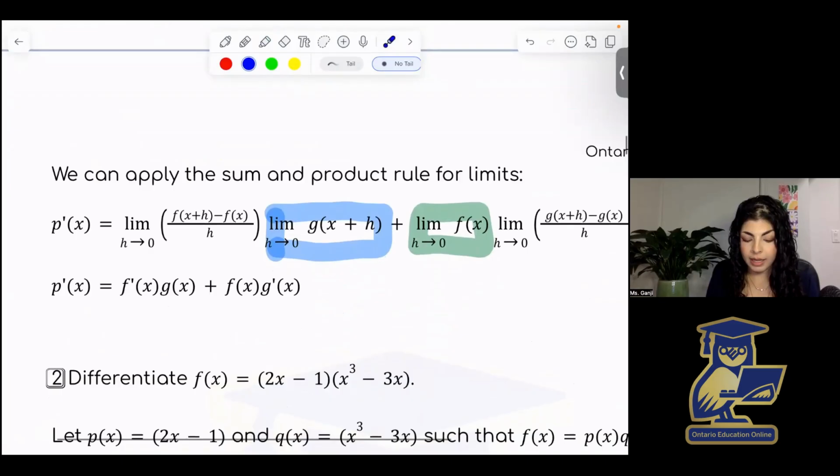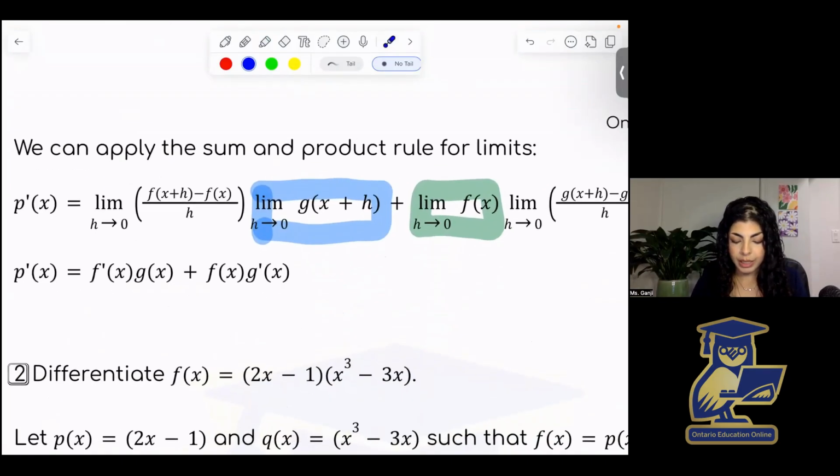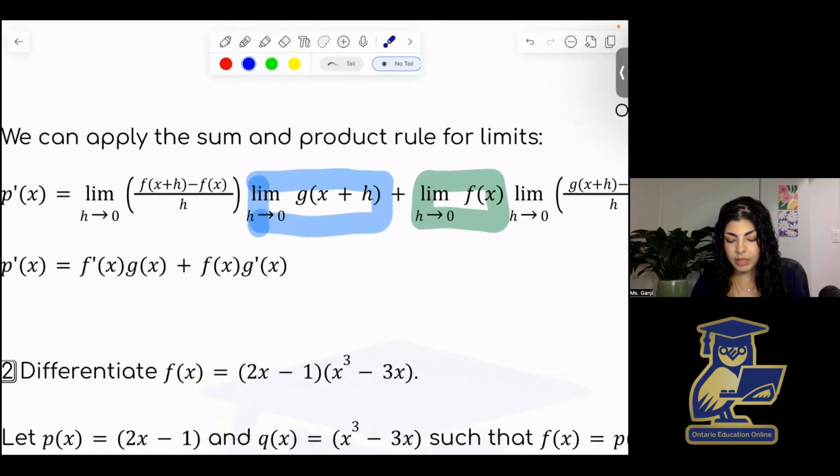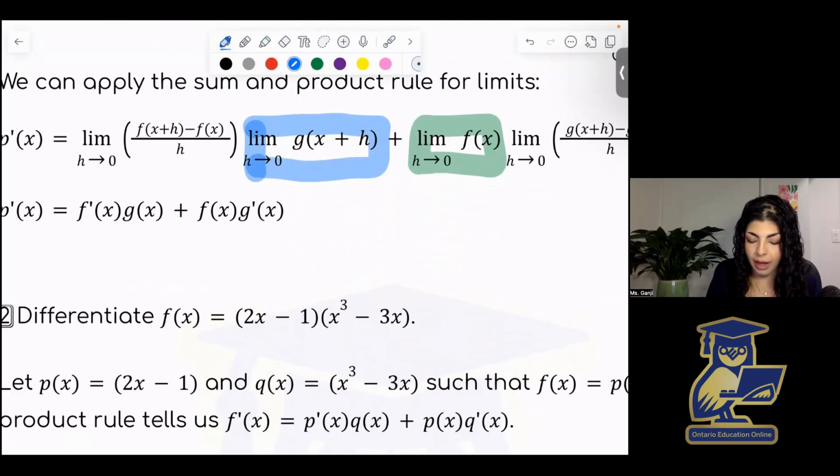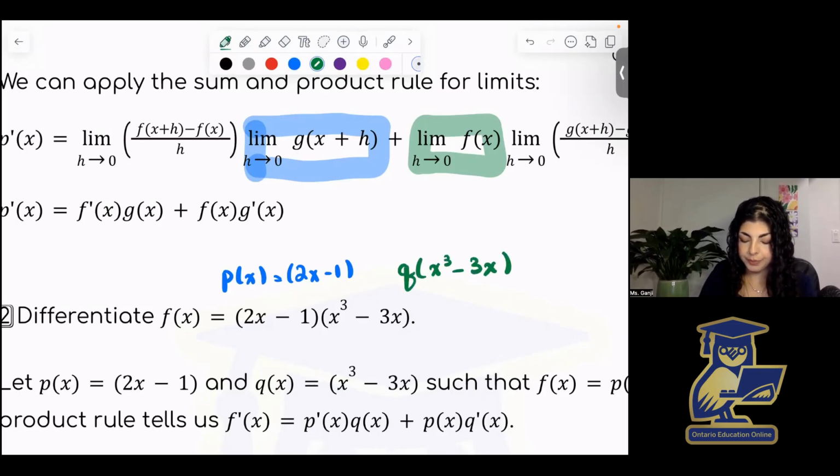Now let's see it in a worked example. So here you're given 2x minus 1 times x cubed minus 3x. So this is a product, and just so you see the different function notations, this would be 2x minus 1 and x cubed minus 3x.